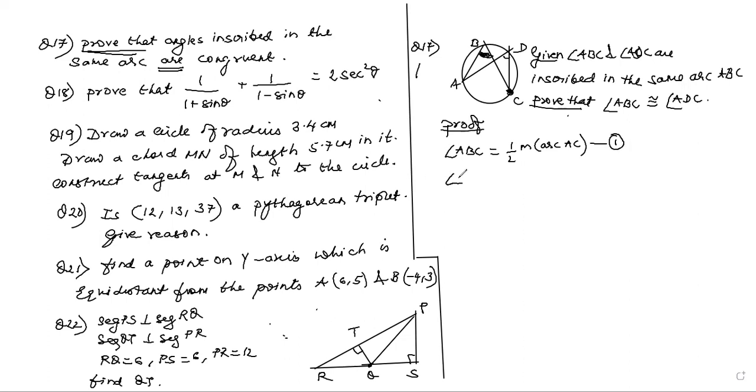And look at angle ADC. What is angle ADC equal to? Angle ADC equals half the measure of arc AC, stated as number 2, by the inscribed angle theorem.